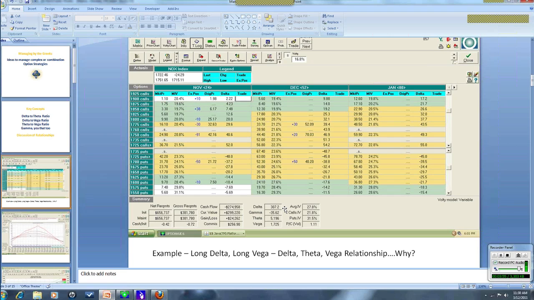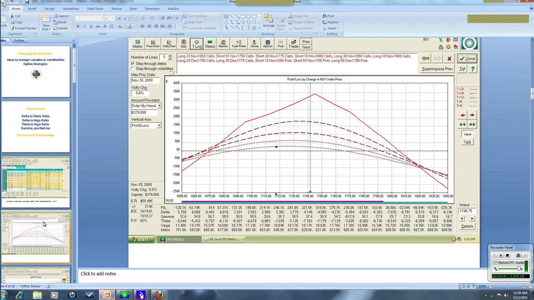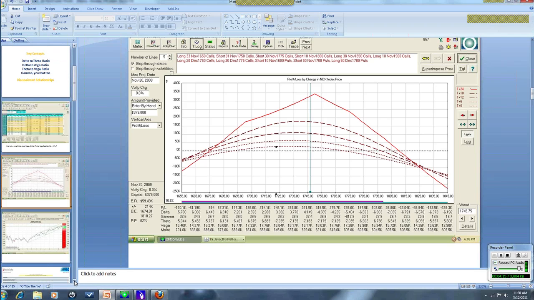I like to keep my delta to theta relationship at 10% or less, and delta to vega at 10% or less, which in this case you see is actually a bit more than that. But that's an example of being long delta and long vega, and the trade would look something like that.